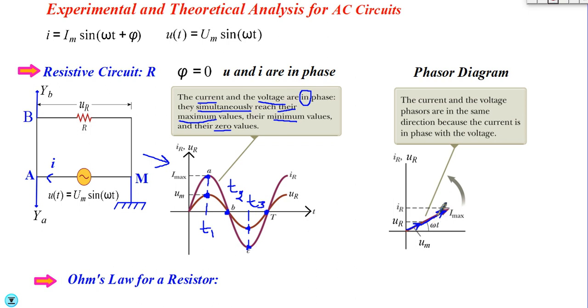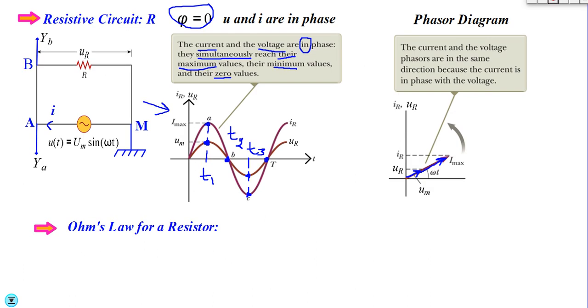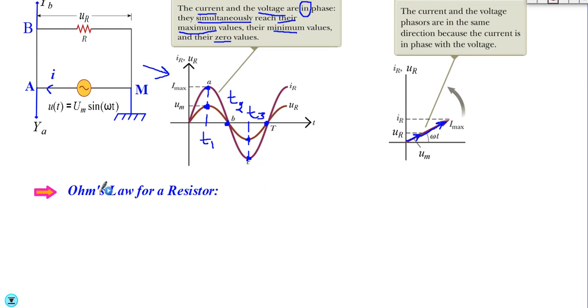So they have the same sense, the same direction, so there is no angle between them. This means that phi is equal to 0. So between the current and the voltage, there is no phase difference.